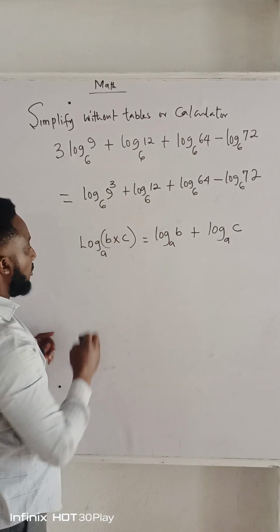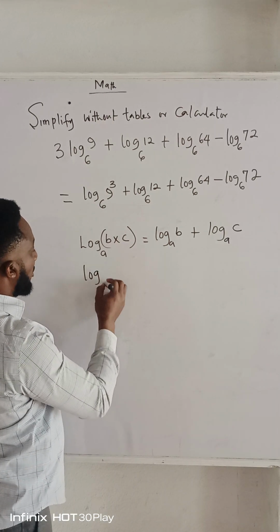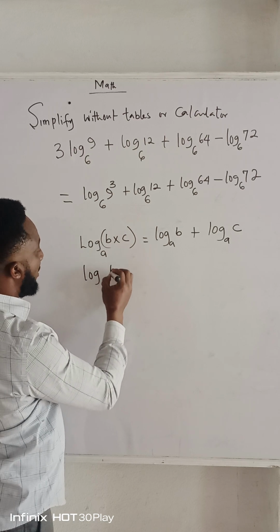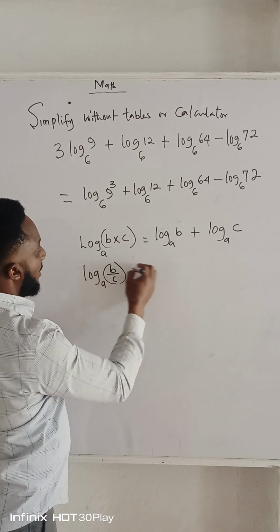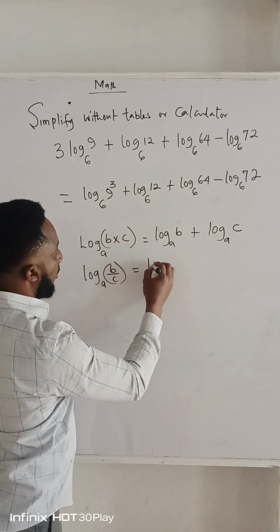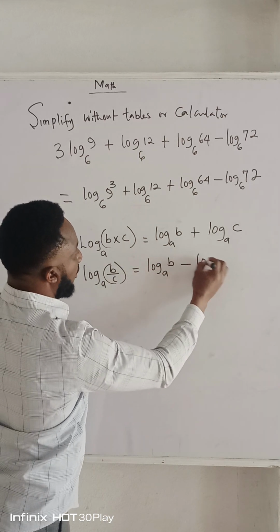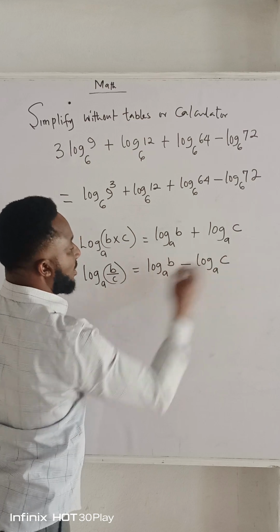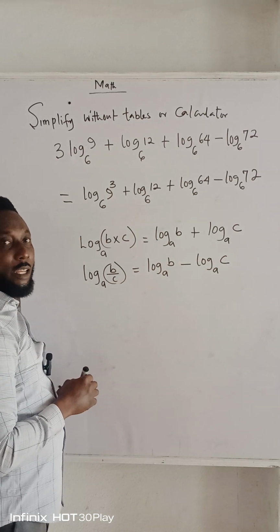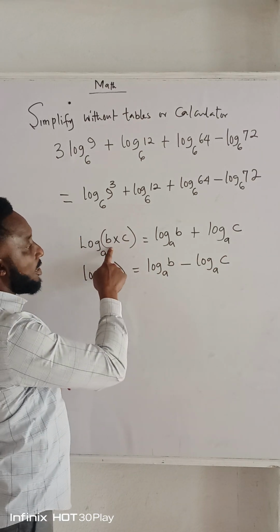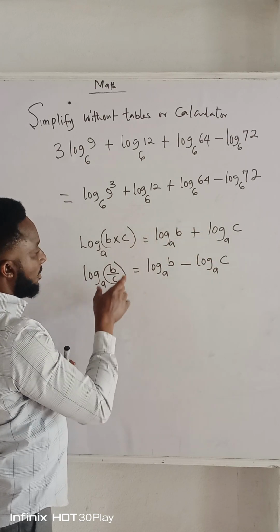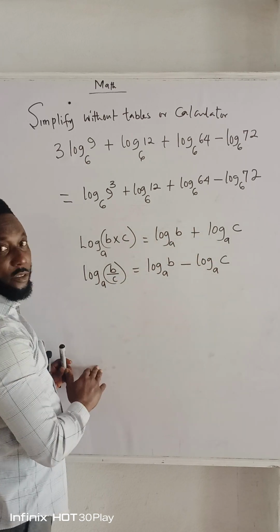Similarly, for the division rule, if I have log to the base of a of the argument b divided by c, I can write this as log to the base of a of the argument b minus log to the base of a of the argument c. That's the reason why I coin it the multiplication slash addition, division slash subtraction.